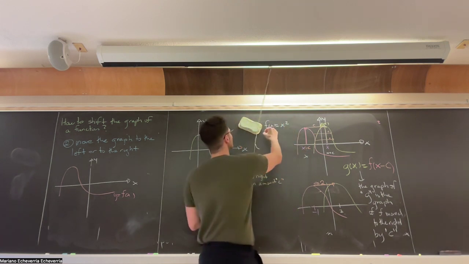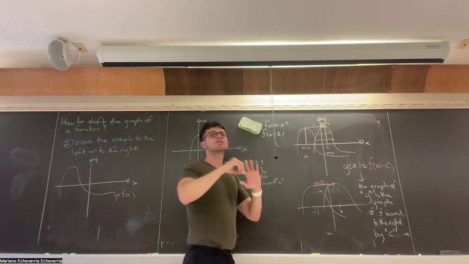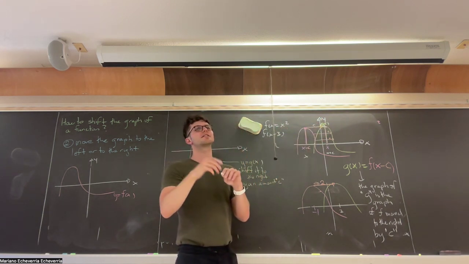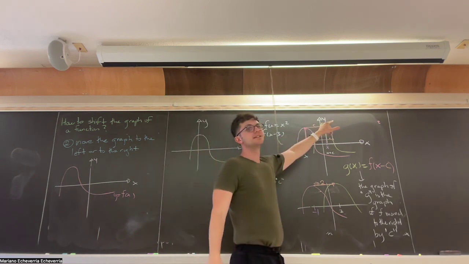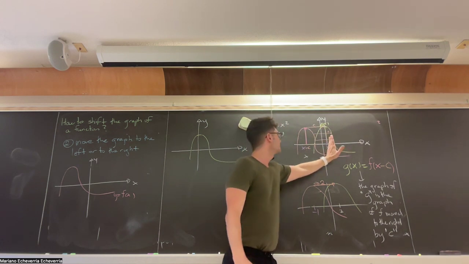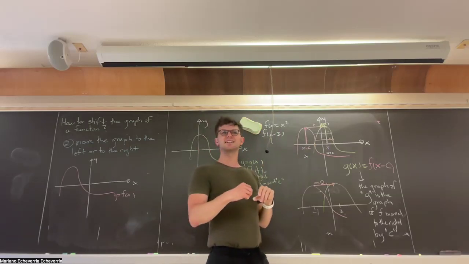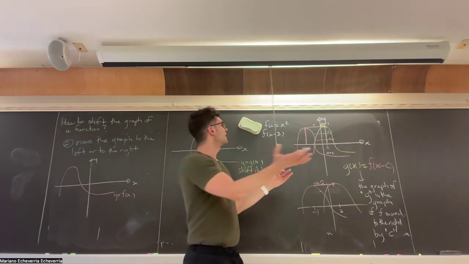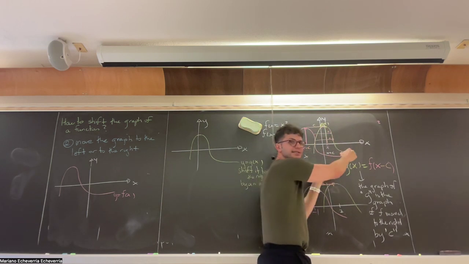You never write something like f of x minus 3 equals something. The usual convention is f of x. So when I want to refer to this new function, I want to say what value it takes at x, and the rule is to go c units into the past. Is that making sense? Yeah. But it is easier in a sense to think about it as going from x to x plus c.